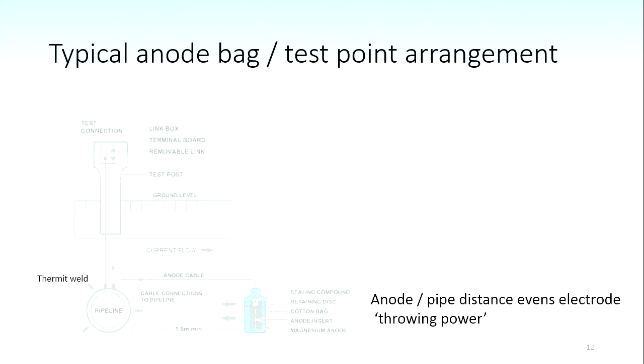This is the next stage, and that is to start to coat it, and we coat it with a conductive bentonite clay, and then we put it in a bag. So this is just a cloth bag. Here's the lead coming out of the top of the anode, and that's ready to bury in the trench.